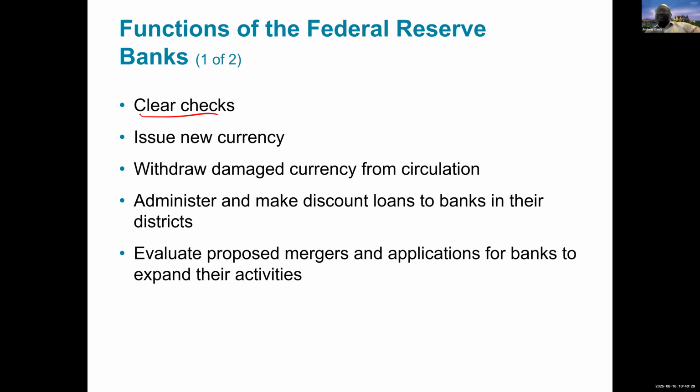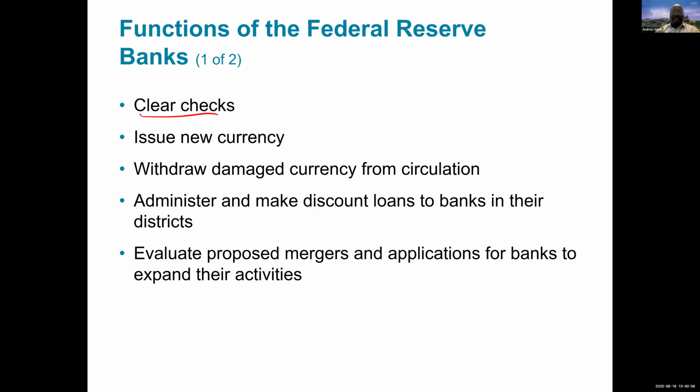These district branches of the Fed are going to clear checks. So if you live in Texas, and you went to Walmart or H-E-B to do grocery shopping, and instead of using your debit card, cash, or credit card, you decide to write a check to pay for your groceries, that check is going to go through the Federal Reserve Bank of Dallas, which is the nearest, because we are under the Dallas jurisdiction, for clearance.